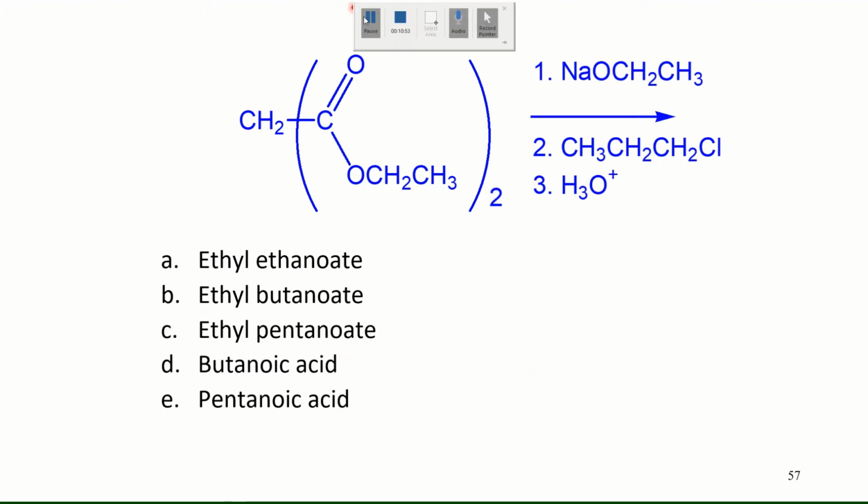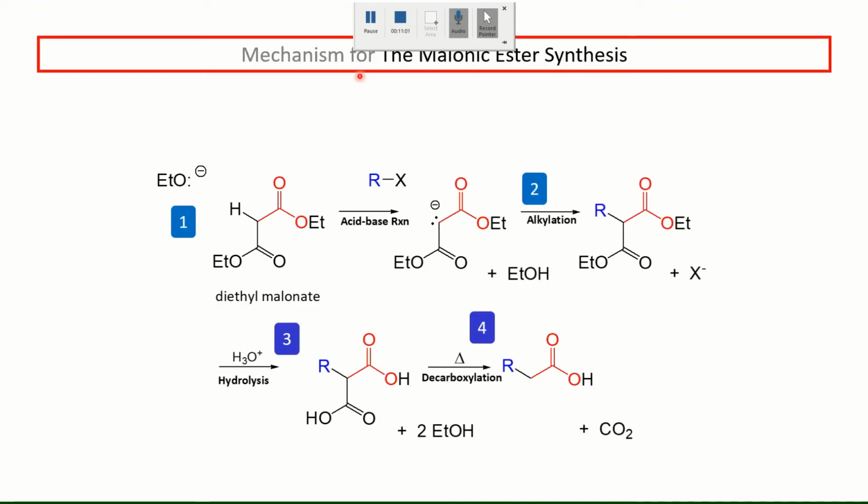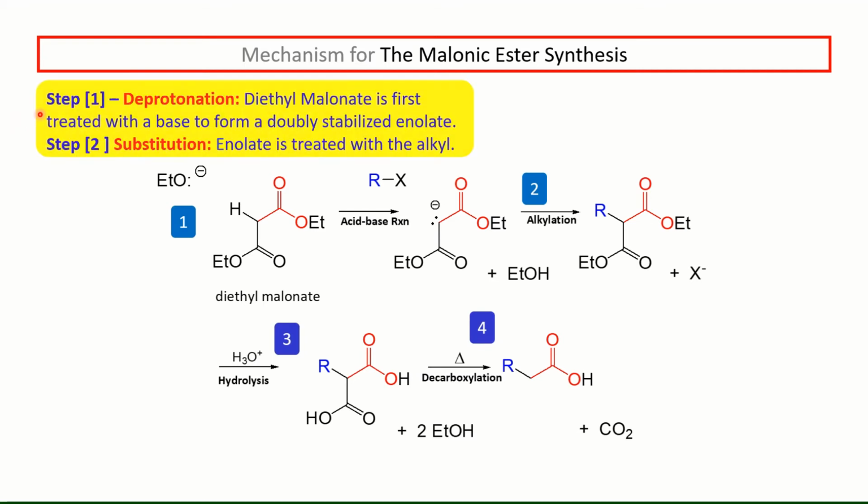So we can ask a simple question like this. And I would love you to elucidate this, and then we can look at it closer during our discussion sessions in class. So here's our mechanism, or we can generate a mechanism if you don't mind putting the arrows in for me. You can see that the first step is the deprotonation of your malonate.